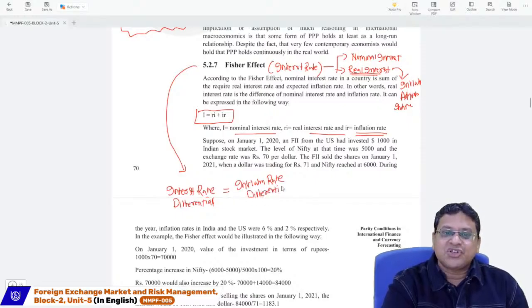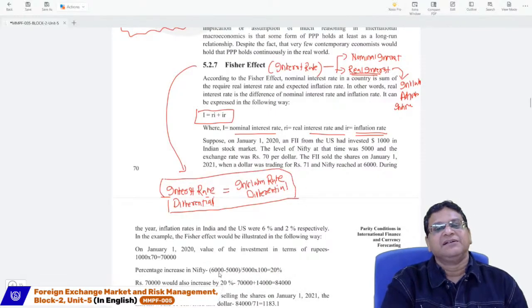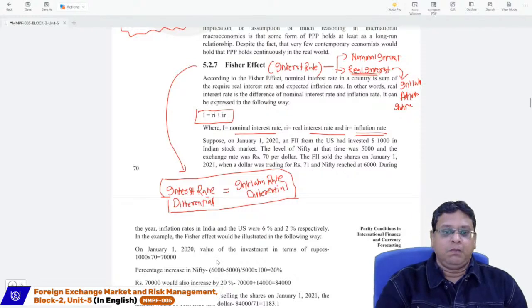This is the crux of the Fisher effect. The summary of the Fisher effect is this: interest rate differential is equal to inflation rate differential. Percentage change in inflation rate between two countries should be equal to percentage change of interest rate between two countries. This is known as the Fisher effect.